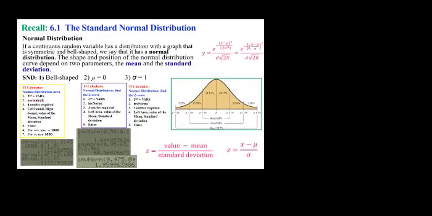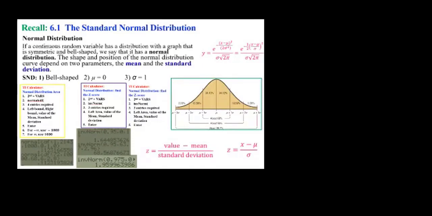In regards to the topic of normal probability distribution, we are going to look at normal as approximation to binomial distribution. So we covered standard normal distribution, and in short, it is bell-shaped. The parameters for any normal distribution happen to be mu and sigma.